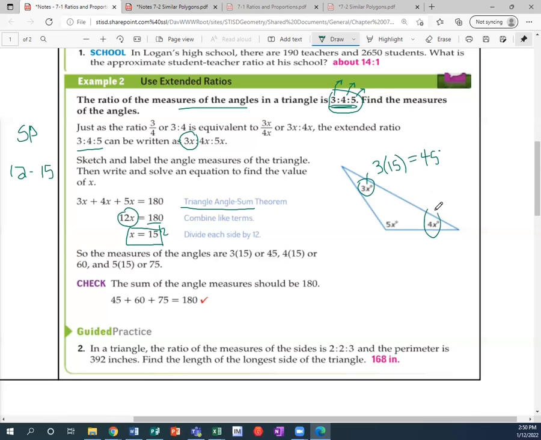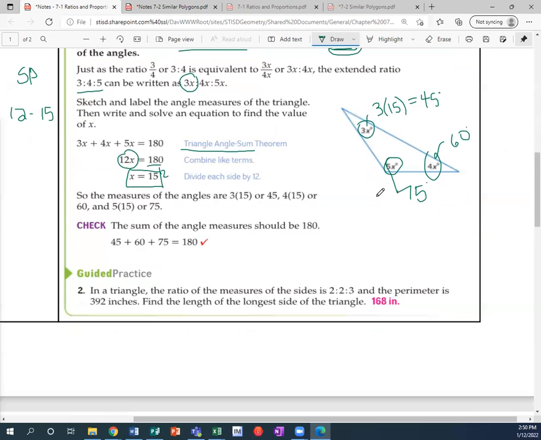If I do the same thing for all the other angles, I find that this angle measures 60 and this angle measures 75. And when I'm done, I can add these up and confirm that they do indeed reach 180 degrees. If you look at your skill practice questions 12 through 15, you're doing the exact same thing, but I believe for all of them, you're dealing with perimeter.